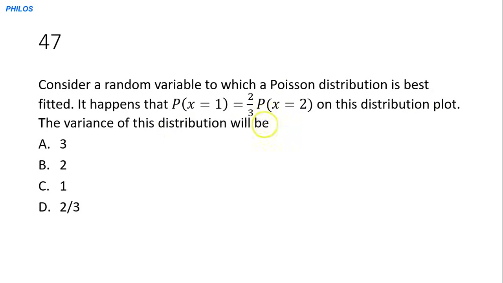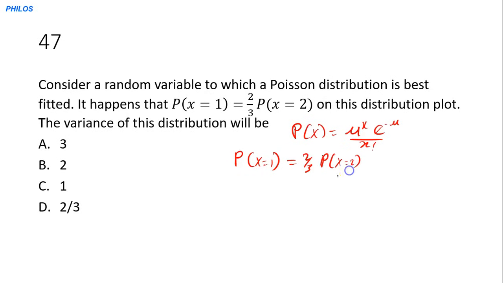Now to solve this question, we know that the Poisson formula says mu exponent x times e exponent negative mu over x factorial. So if that is the case, we have the probability of x is exactly 1 equals 2 over 3 times the probability of x is exactly 2.